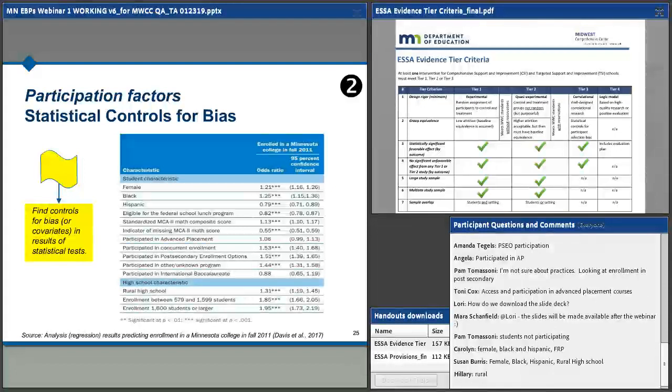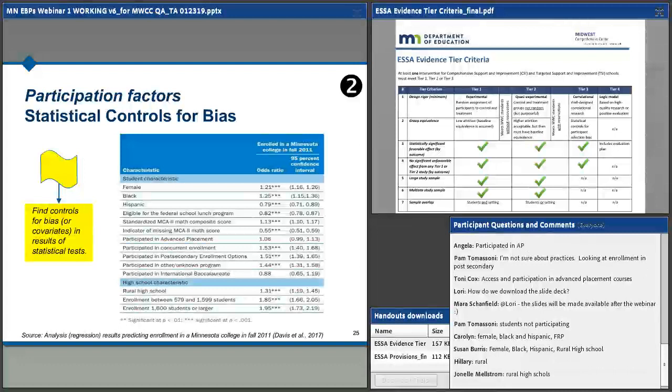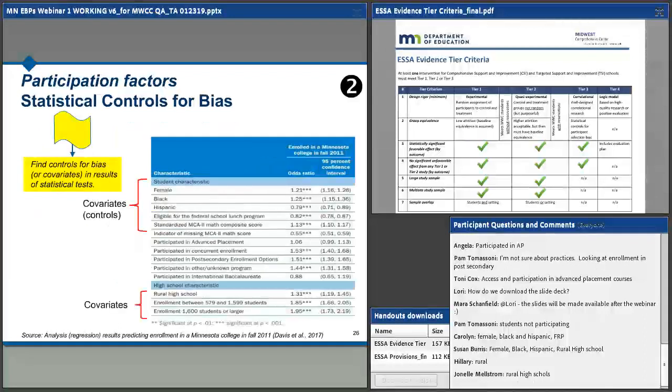Right, so we're getting some correct answers around that now, that the controls are actually the student characteristics you see here: female, Black, Hispanic. And then we also see pointed out that there are also some controls at the bottom of the results tables, right? These two groups of measures are not practices, but they are controls.